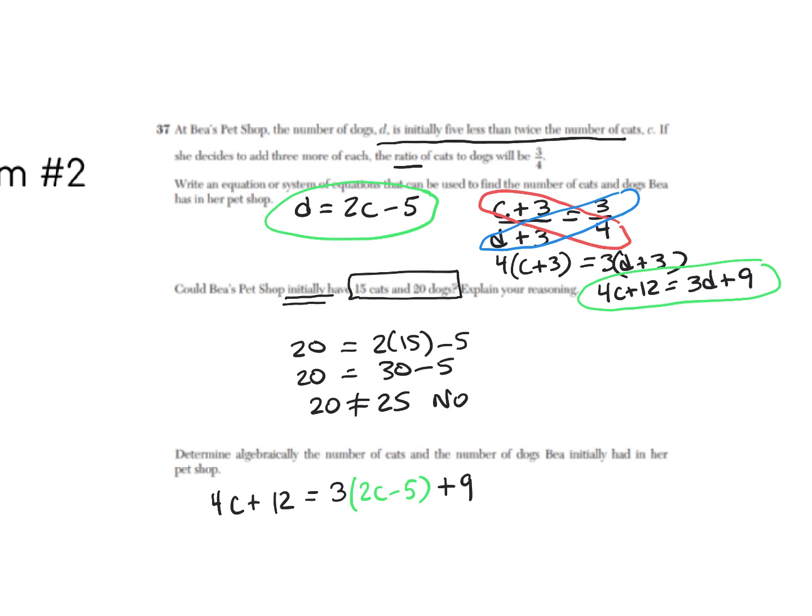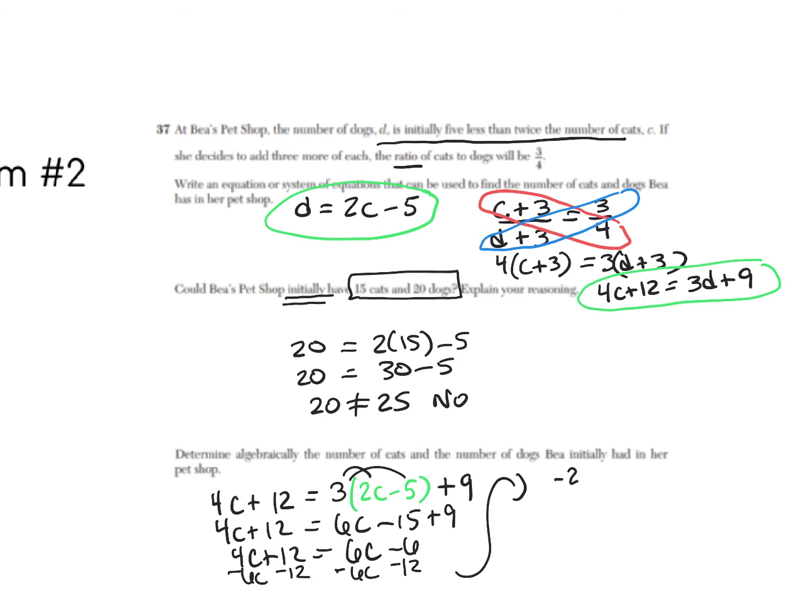So we'll go ahead and solve this. So 4c plus 12 equals 6c minus 15 plus 9. 4c plus 12 equals 6c minus 6. I'll do these two steps in one now. So minus 6c, minus 6c, minus 12, minus 12.